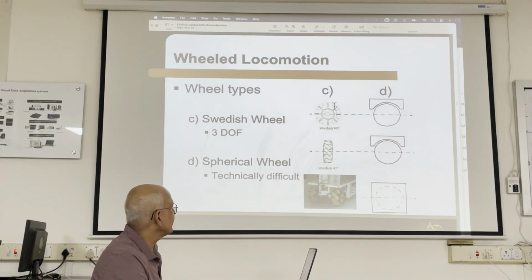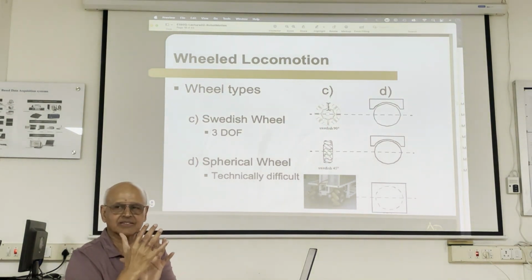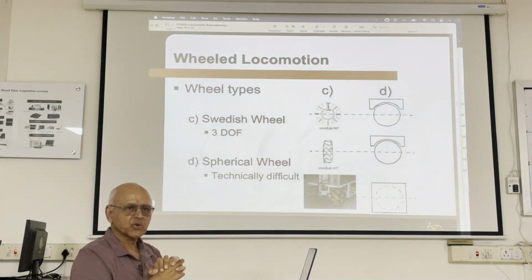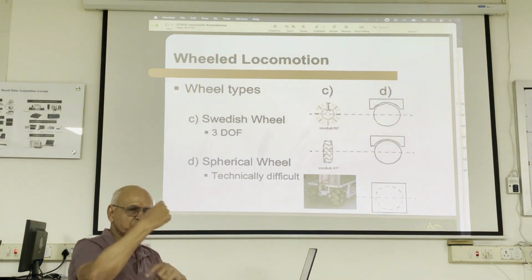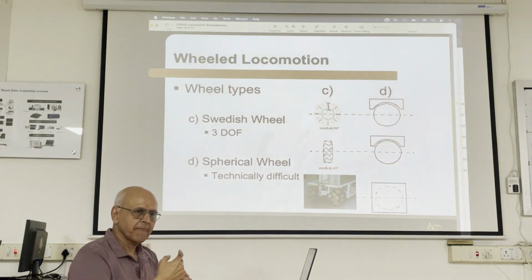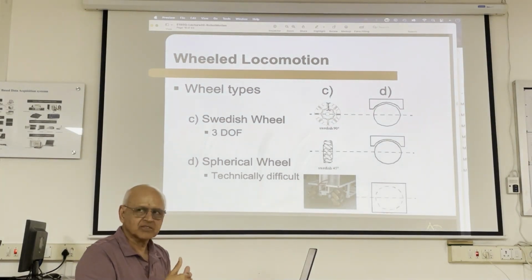These sideways rollers can roll in this direction, as well as the whole wheel can roll forward. So it has 2 degrees of freedom, right? No, it can also spin like this. So what's the purpose of this?